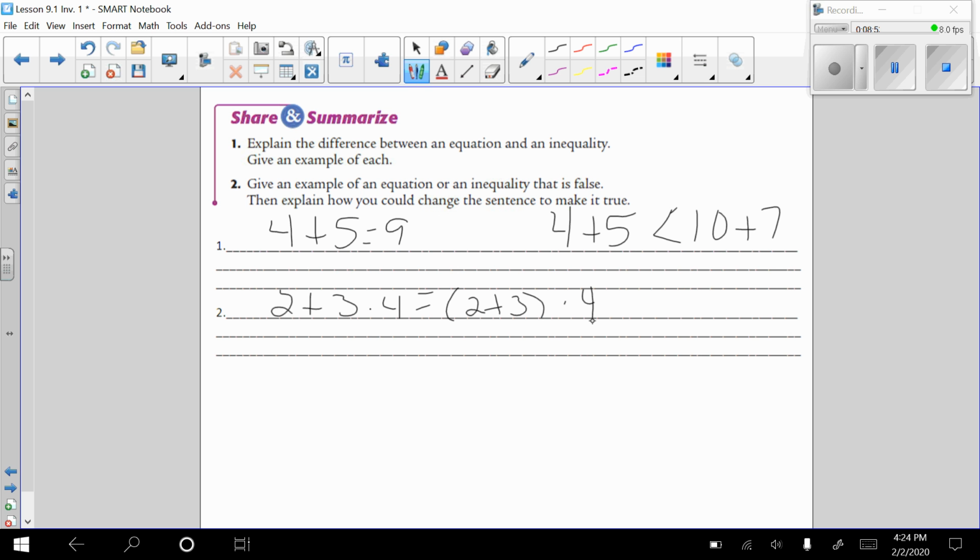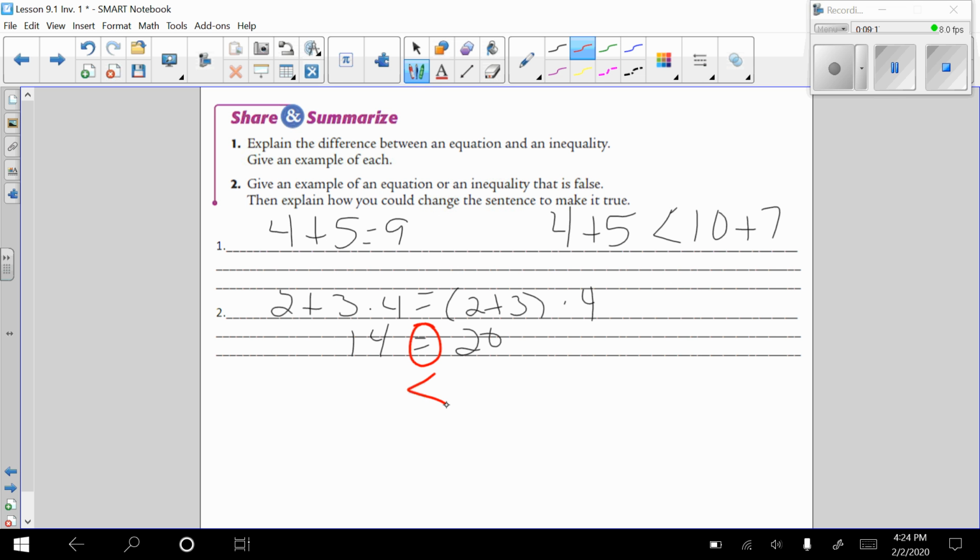Well, if I work this out, I would do PEMDAS rules. So I would do 3 times 4 first, which is 12, plus 2 is 14, equals, and on this side I would have to do parentheses. So I'd have to do 2 plus 3, 5 times 4 is 20. We can see that that is not true. So here I would want to change this sign to be a less than sign. That would make this statement true at that point in time.